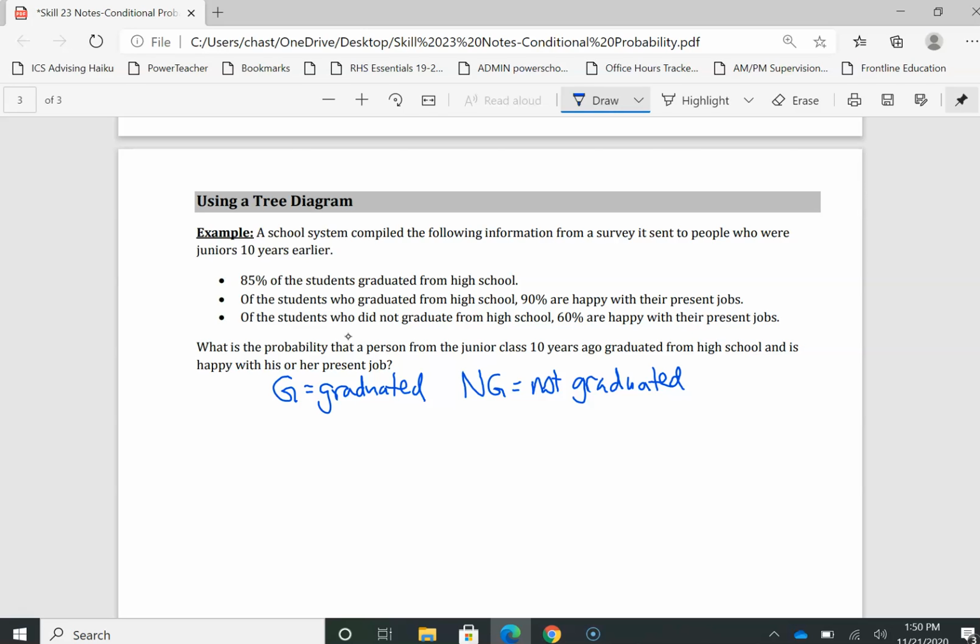Then we are going to use H for happy with present job, and NH for not happy with present job.